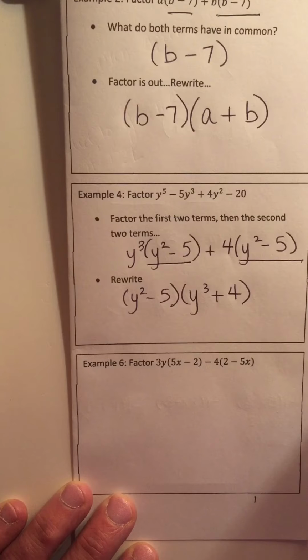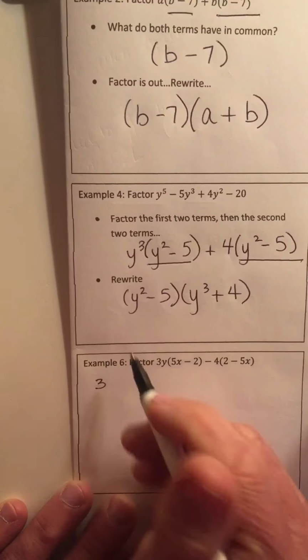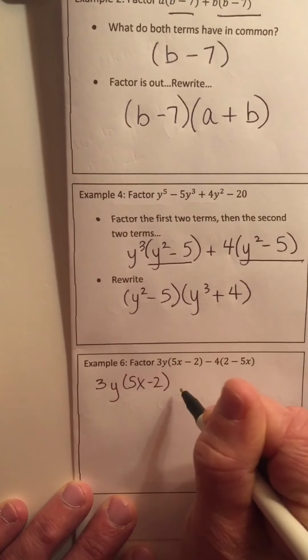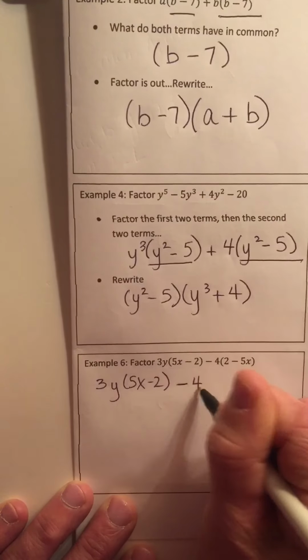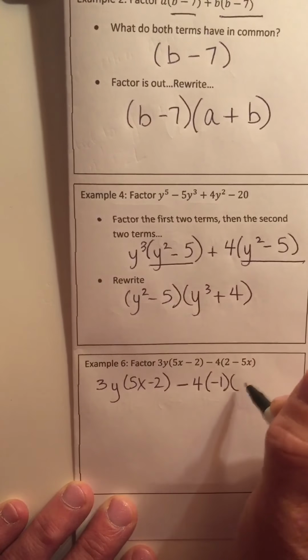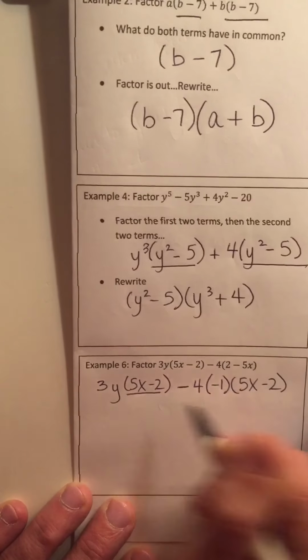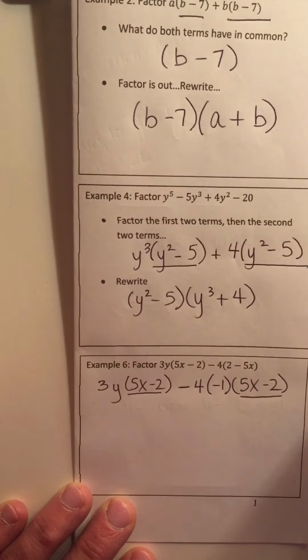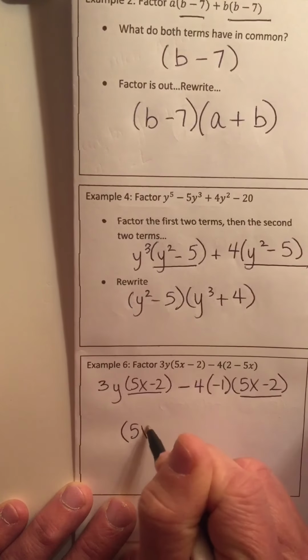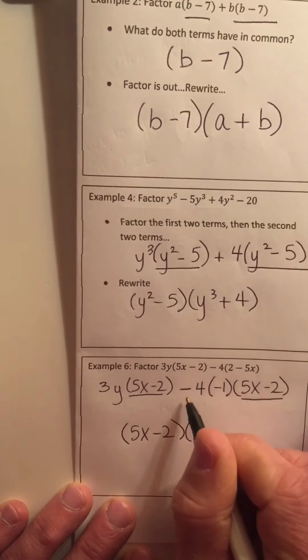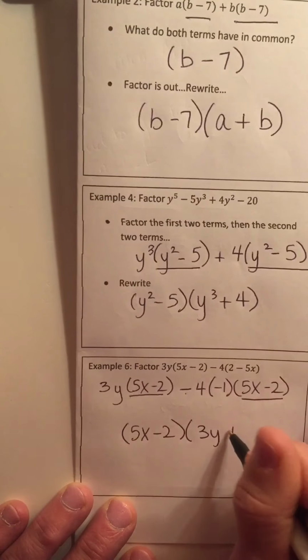So to change the order of the 2 minus 5x, we factor out a negative 1. 3y times 5x minus 2 minus 4 times negative 1 times 5x minus 2. Now we've got 5x minus 2 and 5x minus 2. Factor it out. Times 3y minus, and the negative makes it plus 4.